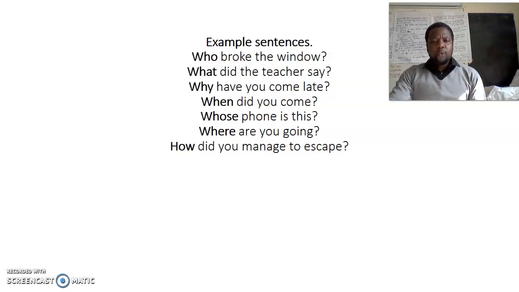And before we forget, when you are forming questions, these interrogatives should always come at the beginning of your question, not at the end. For example, what did the teacher say? It is wrong to start saying what we commonly hear asked among colleagues or friends, that the teacher said what? That is wrong. When did you come?